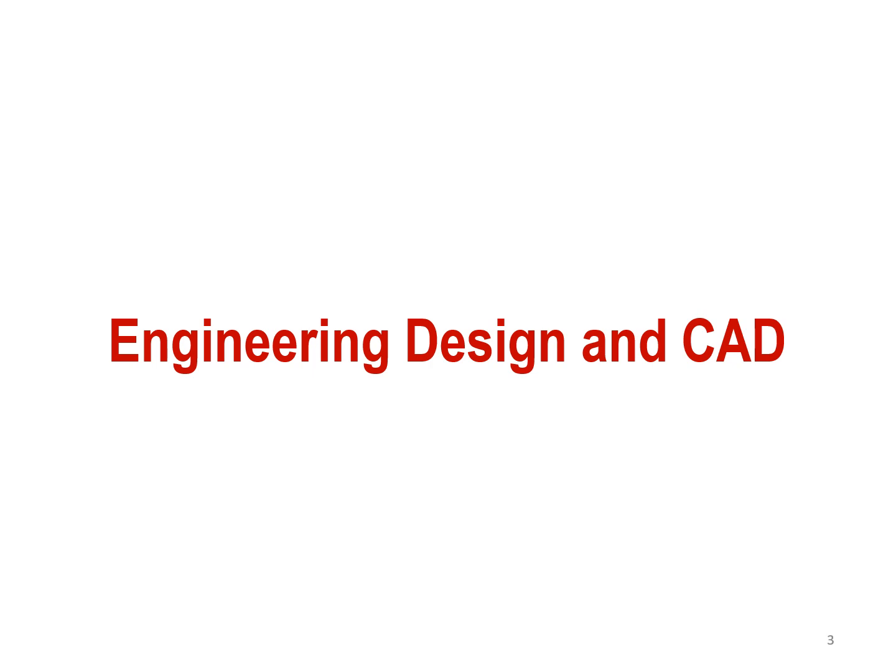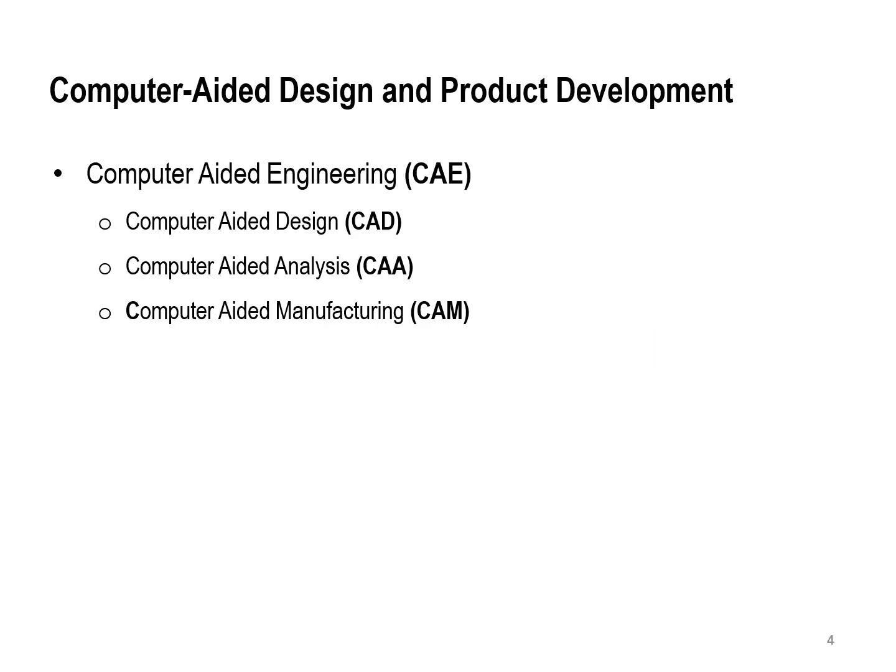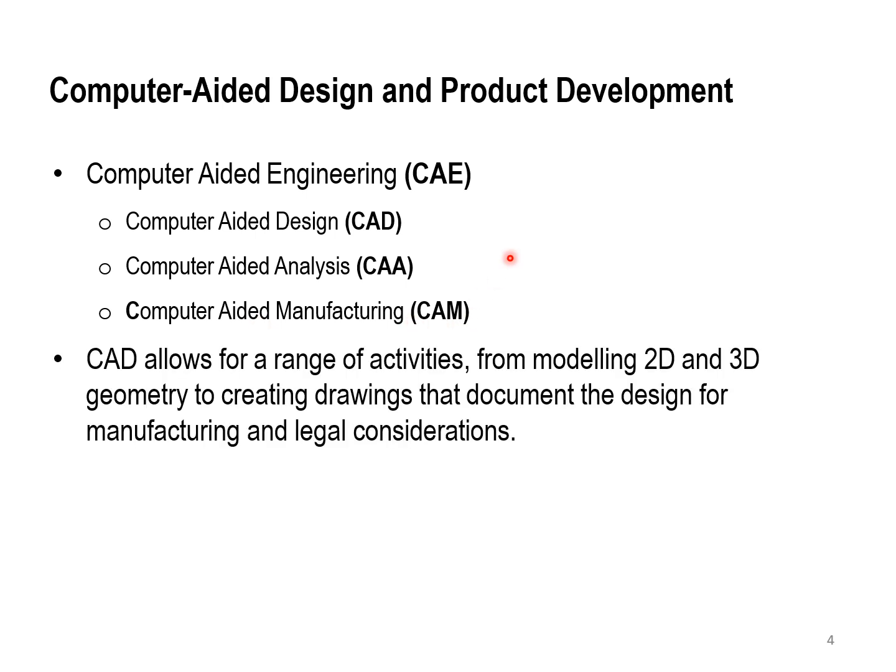So we start with engineering design, the CAD part, computer-aided design and product development. We said that computer-aided design is one of the parts of computer-aided engineering in general, which consists of computer-aided design, computer-aided analysis, and computer-aided manufacturing.